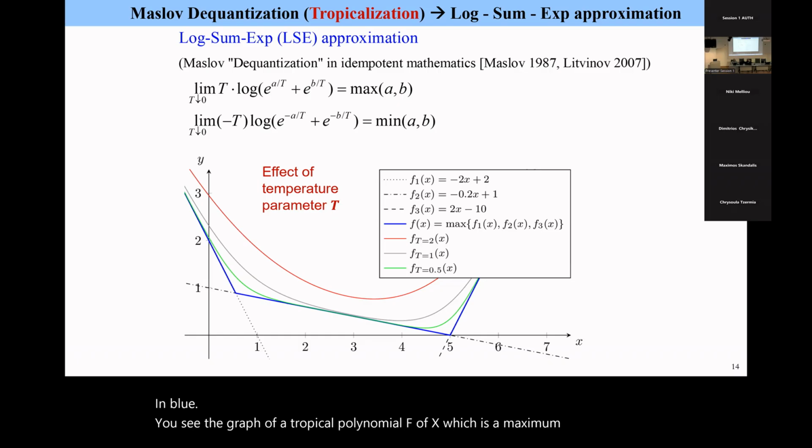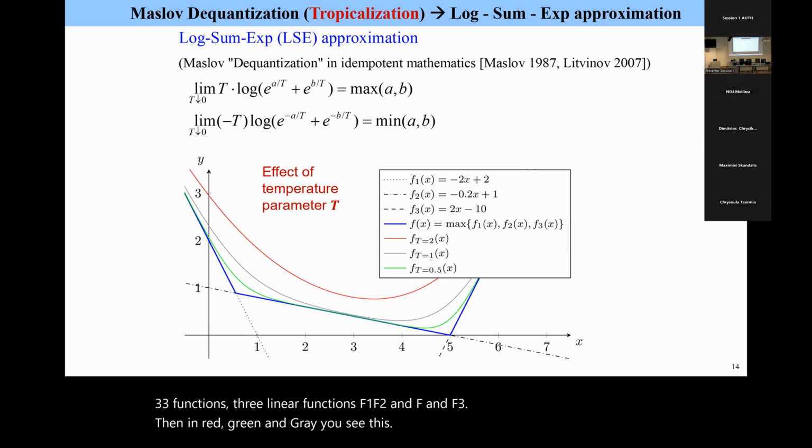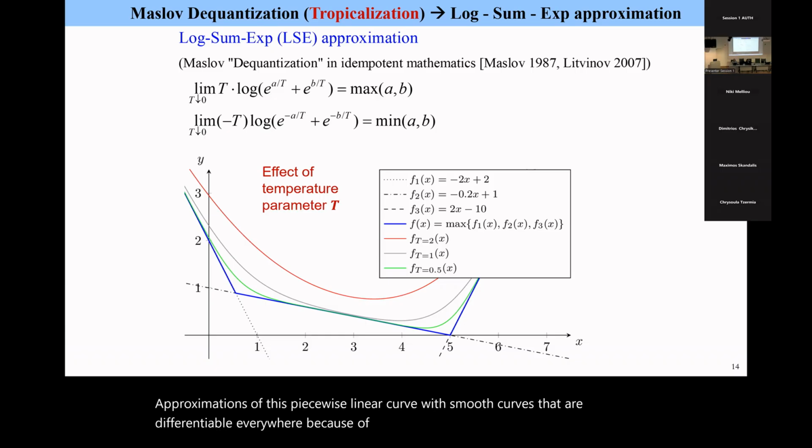of three linear functions, f1, f2, and f3. Then in red, green, and gray, you see these approximations of this piecewise linear curve with smooth curves that are differentiable everywhere because of the exponential functions.